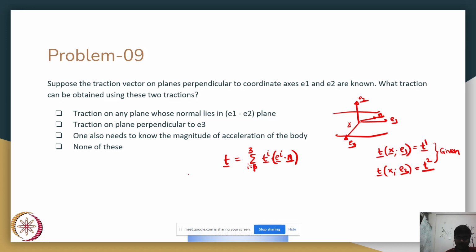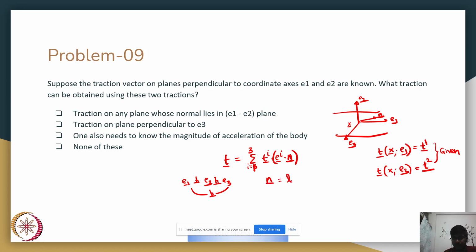We first know that E1 is perpendicular to E2, which is also perpendicular to E3, and these two are also perpendicular to each other. So all three are normal to each other. Suppose you have n lying in the E1 E2 plane, which is the first option.